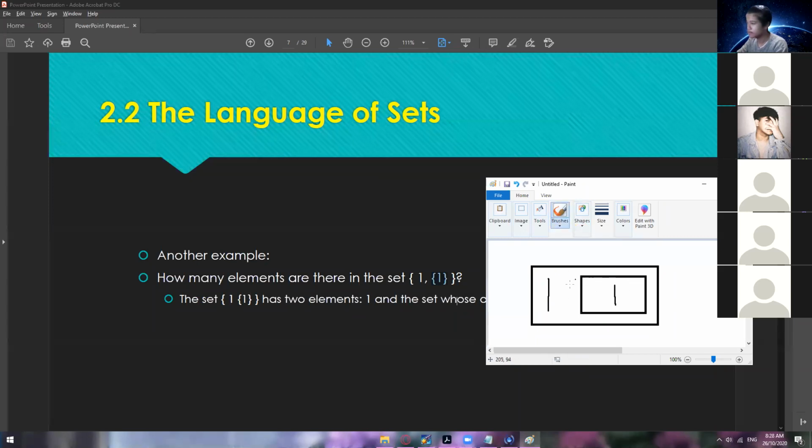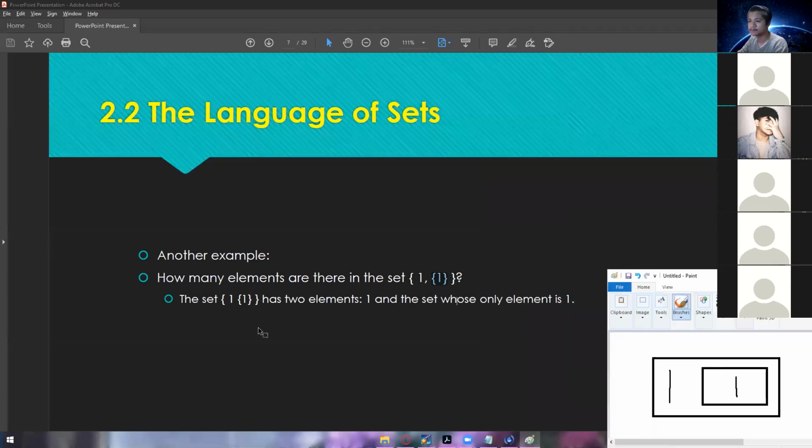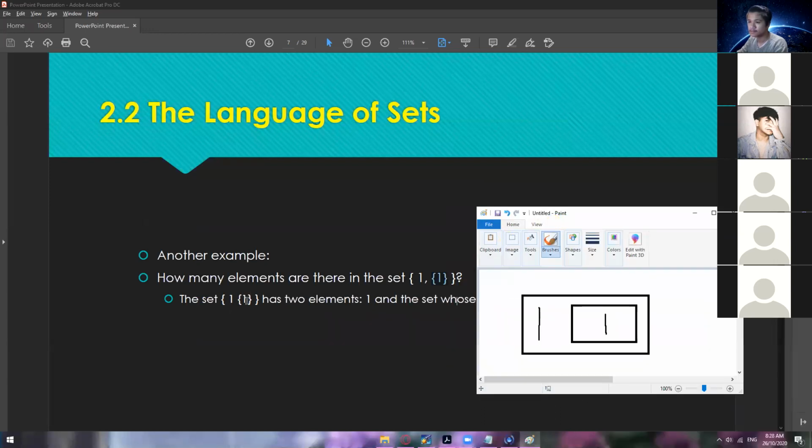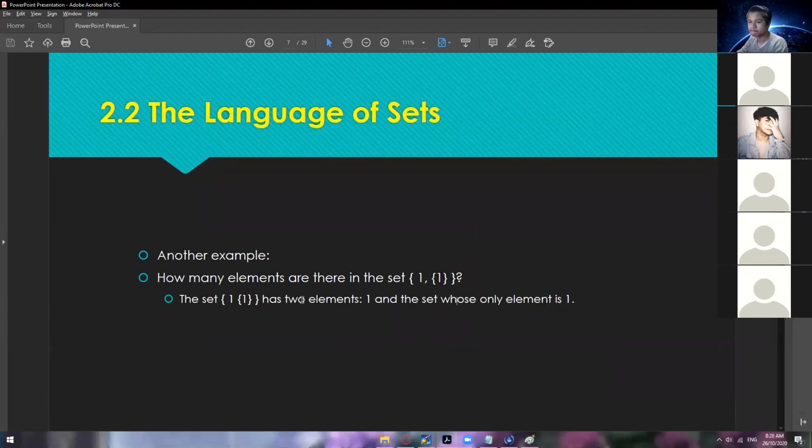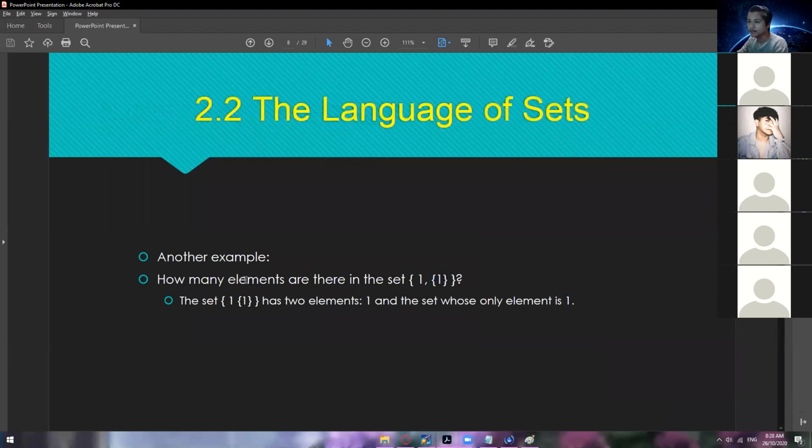So if you're going to count the elements inside of it, we have 2 elements. Okay, 1 and then a set with an element of 1. So a total of 2 elements. All right, so moving on.